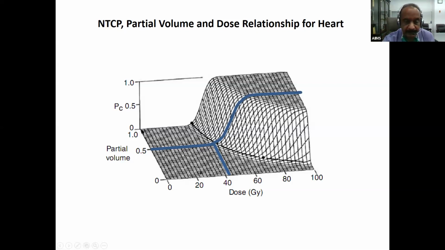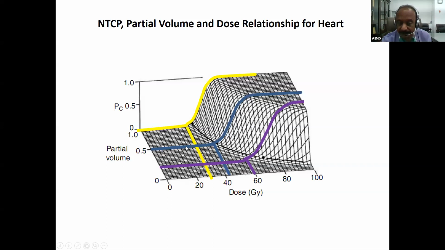If you irradiate 100% volume of the heart, then the safe dose will be shifted towards the left now, around 30. So if you increase the volume, the safe dose which you can deliver to the heart will be less. If you irradiate, say, 25% of the volume of the heart, then this safe dose is now shifted towards the right. It means now you can deliver 60 gray.